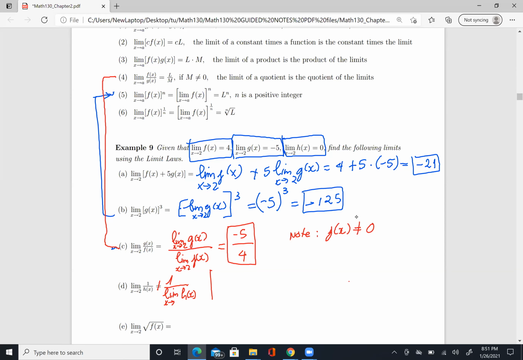Let me separate this. You know that the limit of 1 over 8x when x goes to 2 can be rewritten as the limit of 1 over 0 when x goes to 2, because 8x in here equals 0 when x goes to 2.